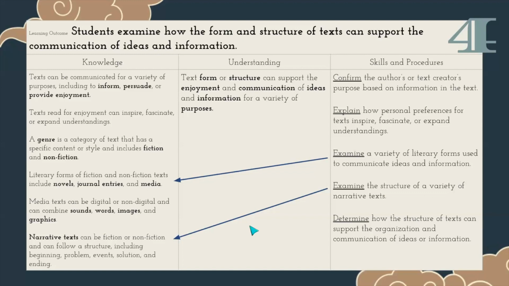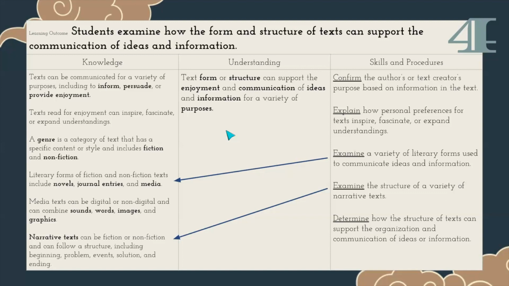You get to decide to what extent this makes sense to you and how you want to work with it. So each of these bolded ideas are some sort of a universal big picture idea that students need to have a sense of in order to be able to do or demonstrate the certain skills and procedures.